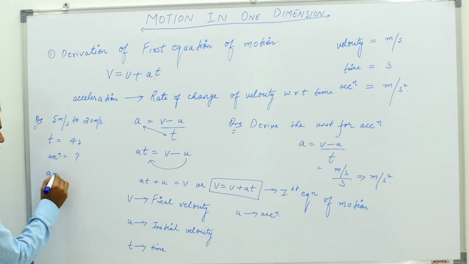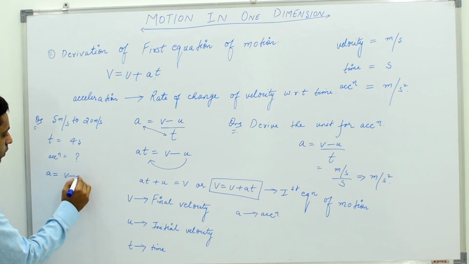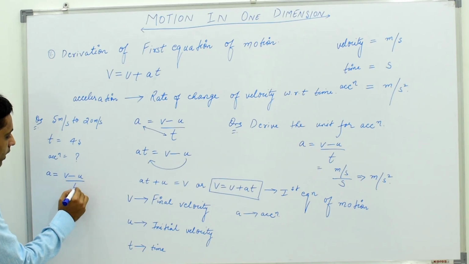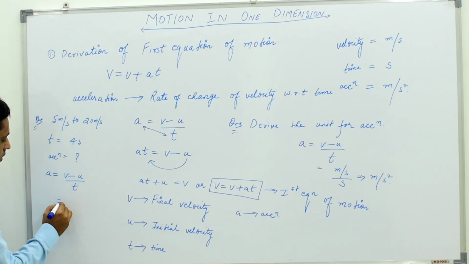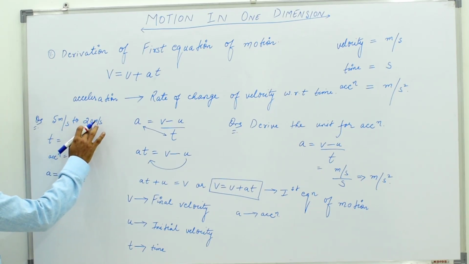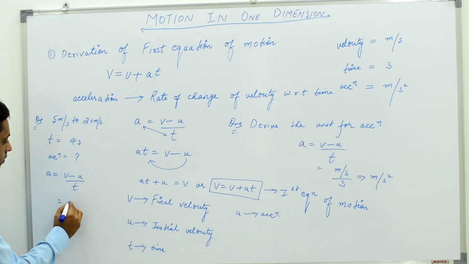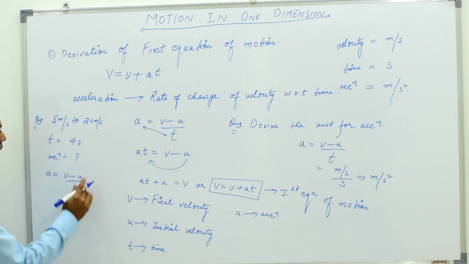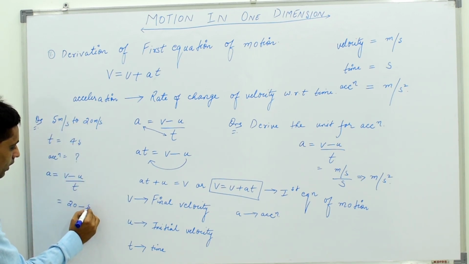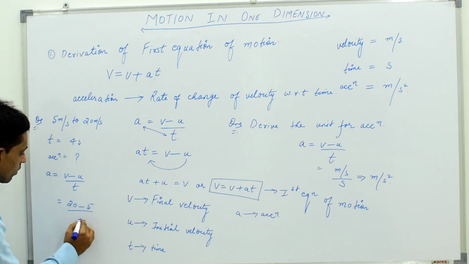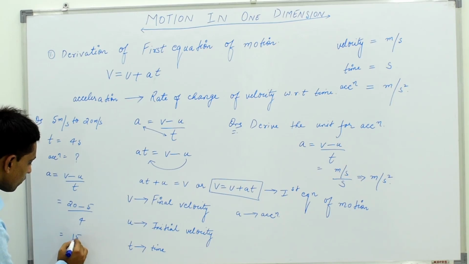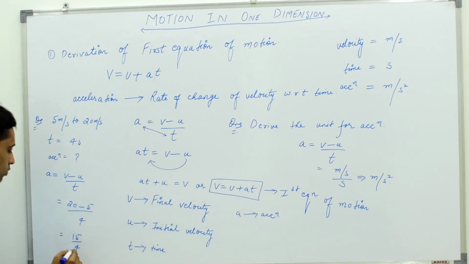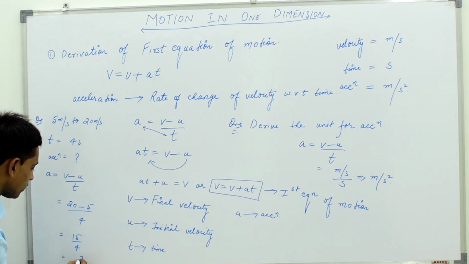See, we will use the formula A is equal to V minus U divided by T. 20 meter per second is the final velocity, initial velocity is 5 and time is 4. 20 minus 5 is 15, 15 divided by 4. Change this into mixed fraction, 4 3s are 12, 13, 14, 15.